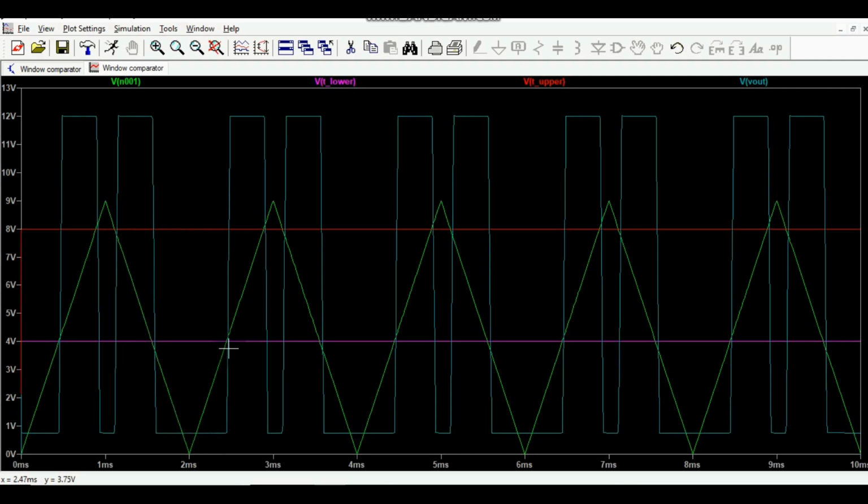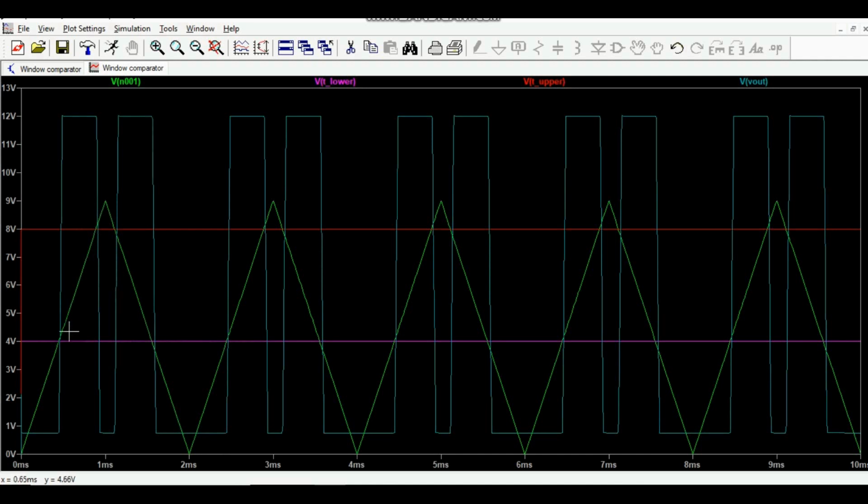So you can see for a particular period of time from here to here, for this window your output is high, then for this window your output is low, then again for this particular window your output is high.